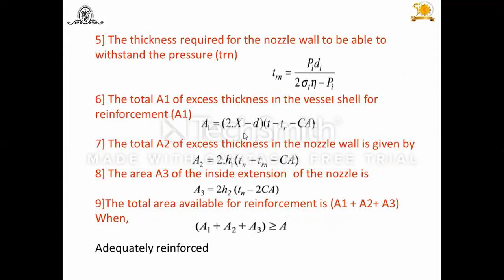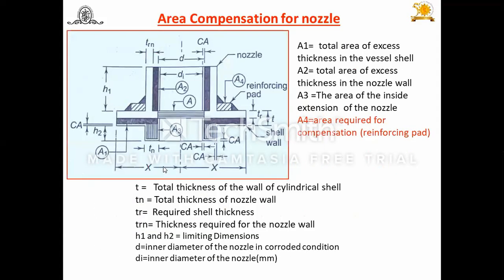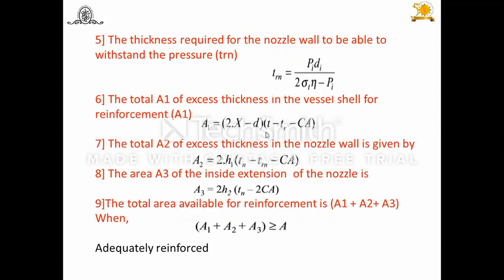Here you will find 2x minus d. Look at this 2x. Now here this side x, this side also x. That's why 2x minus d. d means we have to remove this d, the middle dimension. From this 2x minus d, this length remains with you, this side plus this side, and multiplied by this height, that is t minus tr minus Ca.